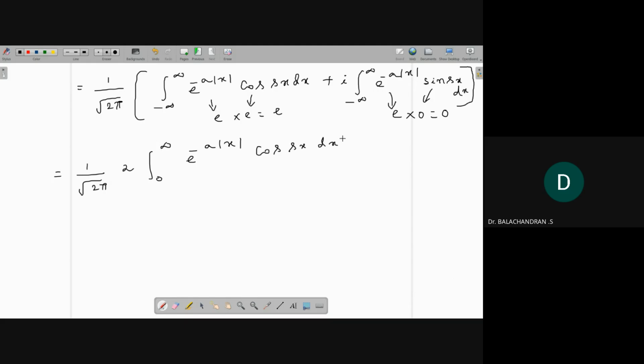Now the values of x are only positive, 0 to infinity, so you can write this as root 2 by pi. That's why modulus of x is equal to x in this interval, so e power minus a x into cos sx into dx.